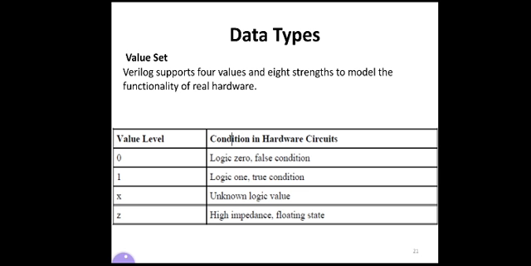Verilog supports 4 different types of values and 8 strengths to model the functionality of real hardware. As the Verilog HDL language is for modeling real circuits or digital circuits, in the value set we have 4 different values and 8 different strengths.